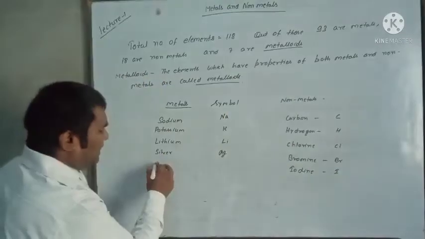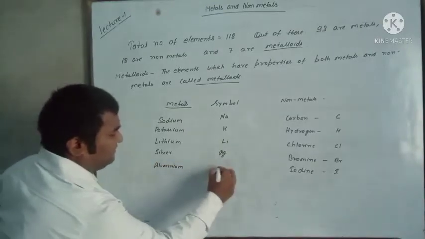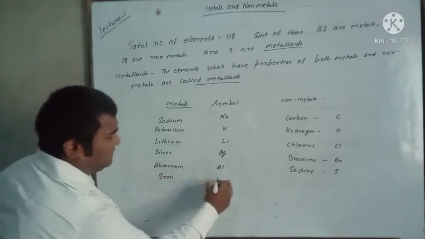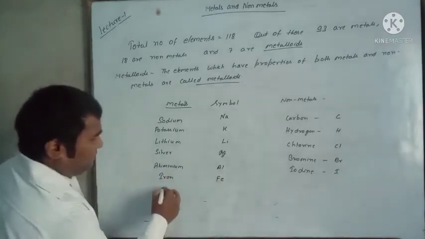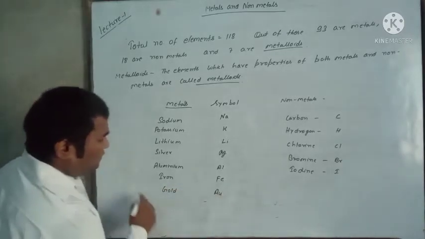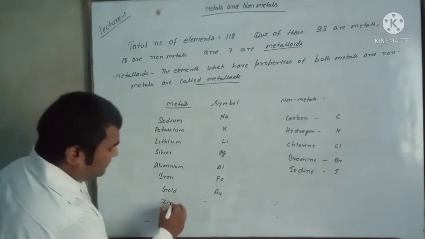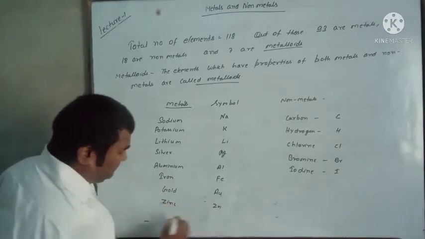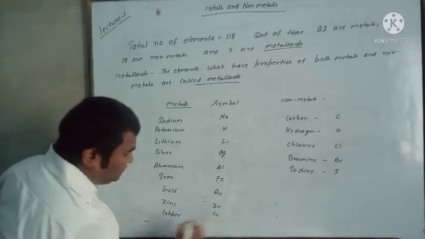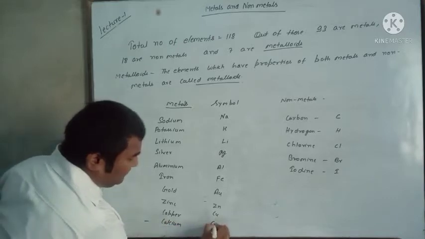There are more metals: aluminium, Al; iron, Fe; gold, Au; then zinc, Zn; copper, Cu; calcium, Ca.